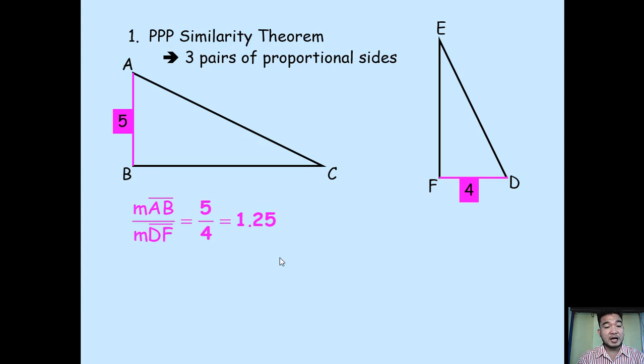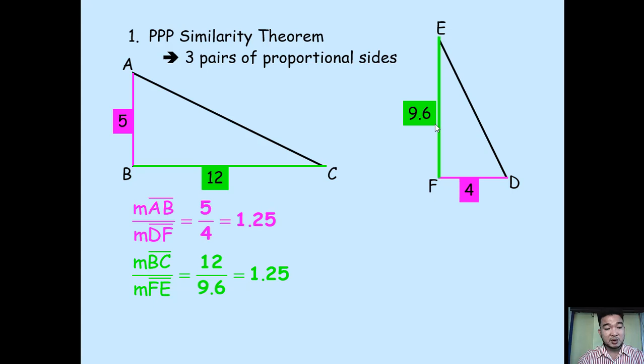So the measure of line segment AB over the measure of line segment DF is equal to 5 over 4, because these two line segments are the corresponding sides of these two similar triangles. And then we have BC, which corresponds to EF. BC is 12 and EF is 9.6.